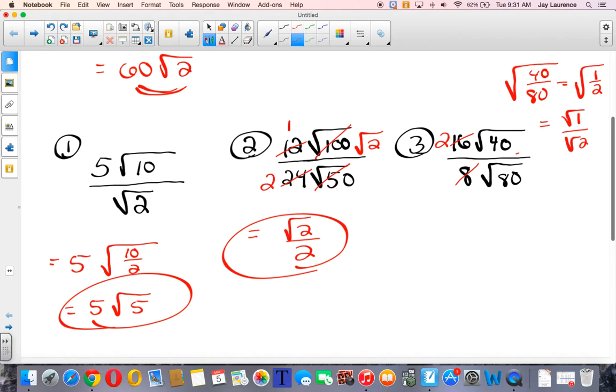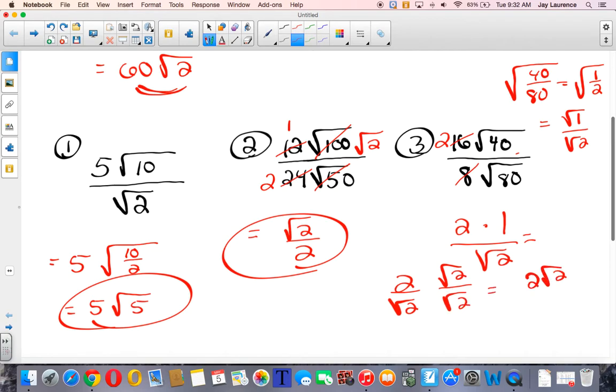And that's simply 2 times 1 over rad 2. All right, well that's 2 over rad 2. And when I rationalize, I'm going to multiply by rad 2 over rad 2. I'll get a 2 rad 2 in my numerator. I'll get a 2 in the denominator. Yeah, those will cancel. So the simplified answer is rad 2.